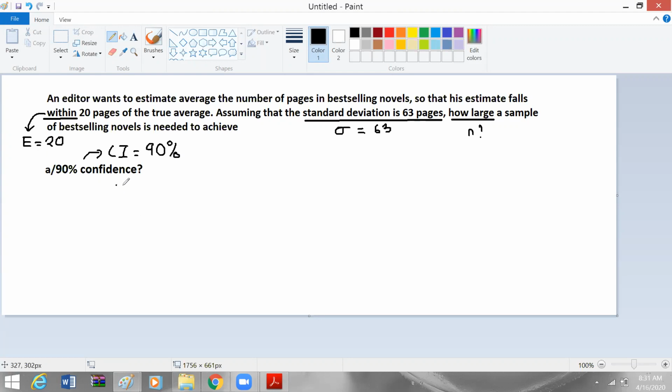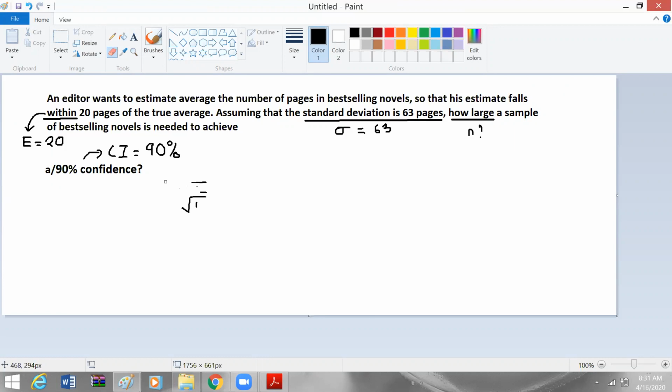The formula that we're going to use would be E equal to Z times the standard deviation over radical N. Oh, I'm sorry, we cannot use that one because E is given, right? And apparently we're trying to solve for N. I apologize for this part.